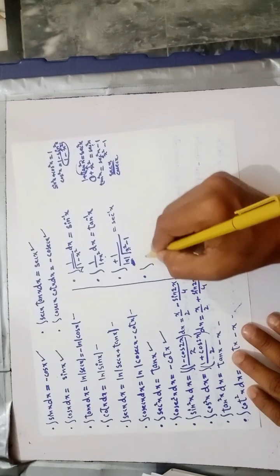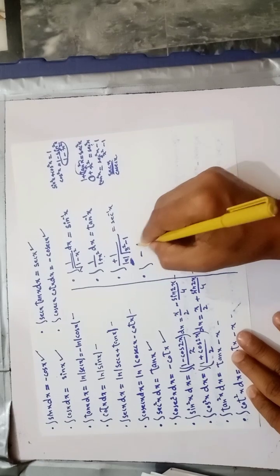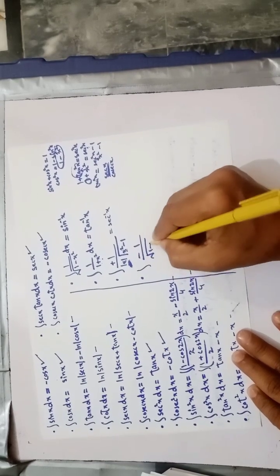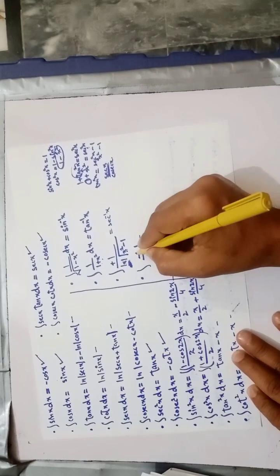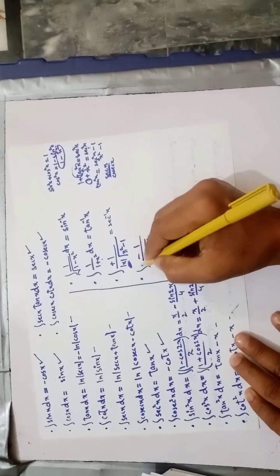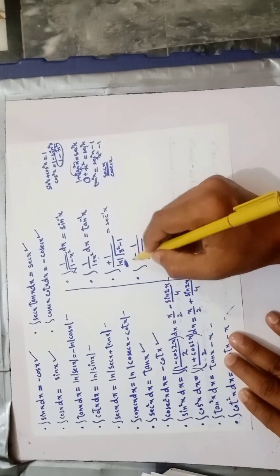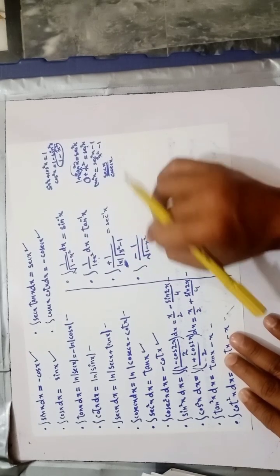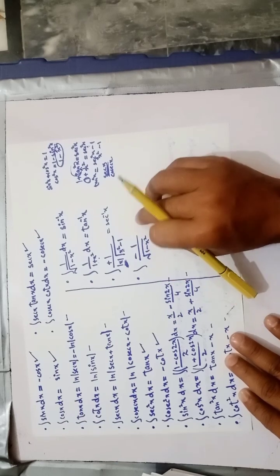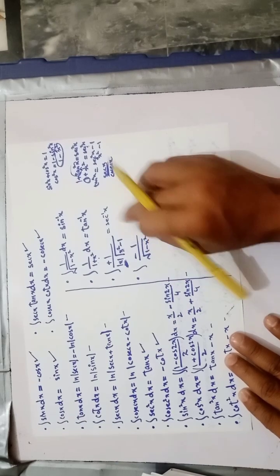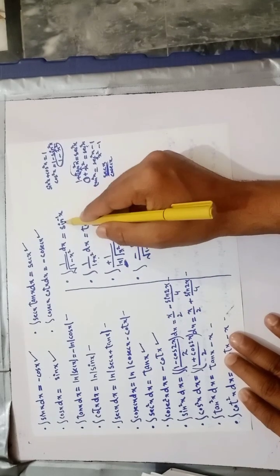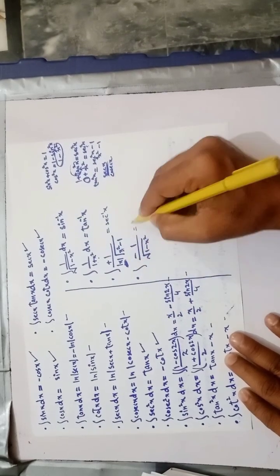Now if we integrate minus 1 over square root of 1 minus x square, this has a minus sign. The minus sign identifies that it will be related to cos inverse of x, because it is the same pattern, only with a minus sign.